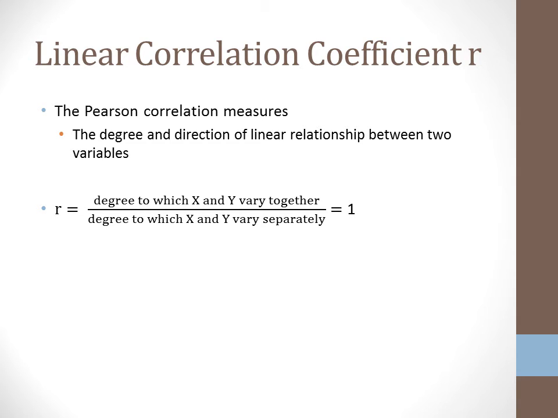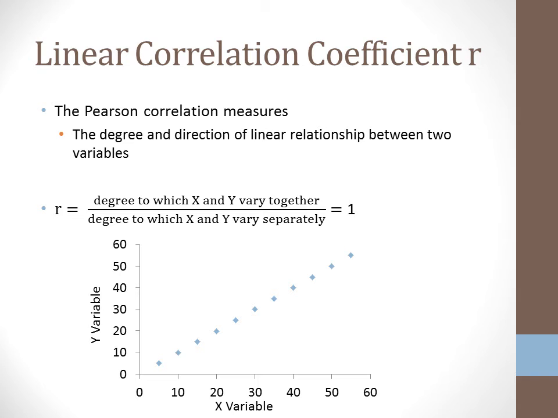When there is a perfect linear relationship, every change in an X variable is accompanied by a corresponding change in a Y variable. In the case where the covariability of X and Y together is identical to the variability of X and Y separately, the formula will produce a correlation of 1 or -1. And this value will indicate a strong linear relationship.